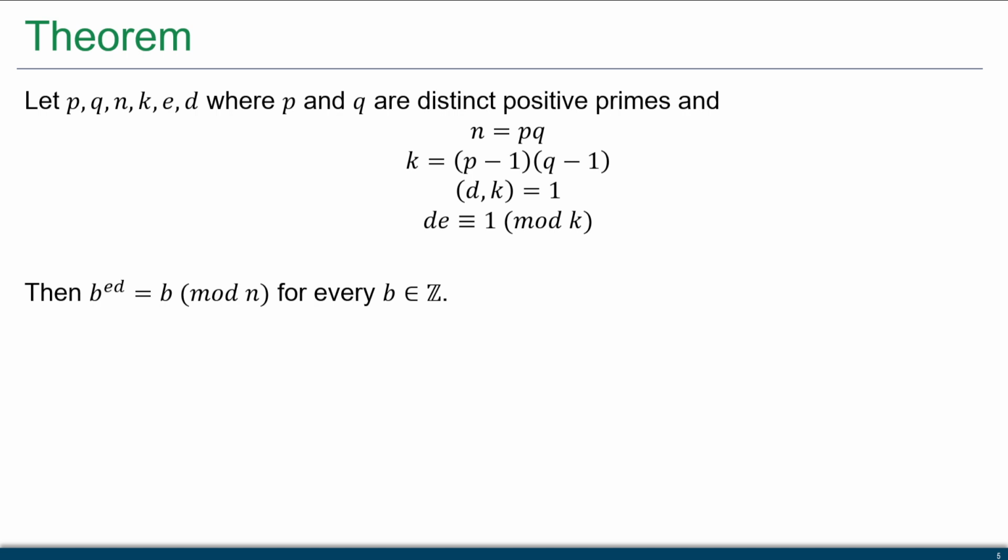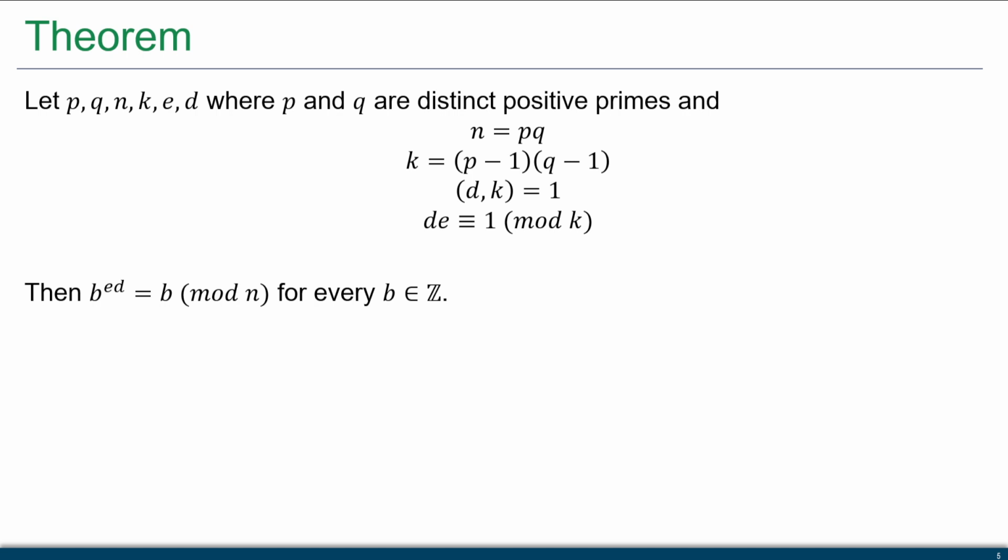So if I have all of these, then I have the following. If I take B and I raise it to the power E times D, what I get back is B mod N. And this is true for every B inside of Z. So think of it this way.